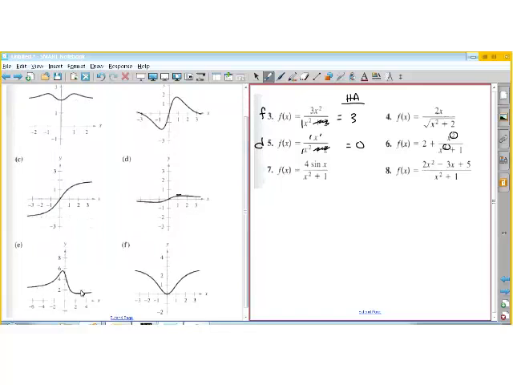We look at this, and we see this one has a horizontal asymptote of 2. This has a horizontal asymptote of 3. So by that itself, we can say that this is E. You can also check it if you look at the value of the function at x equals 0. This whole thing goes to 0, so the value of the function should be 2.